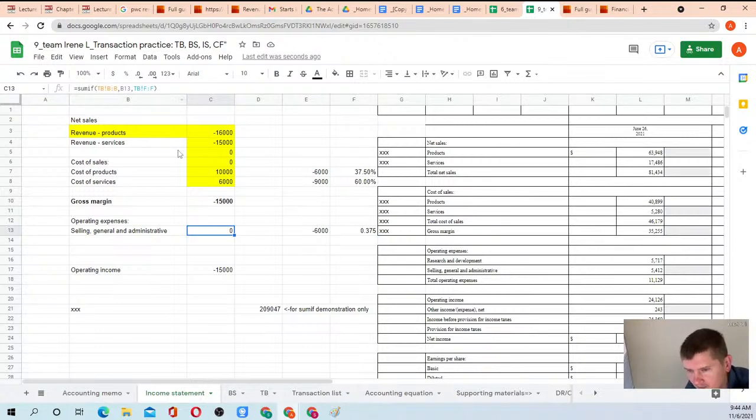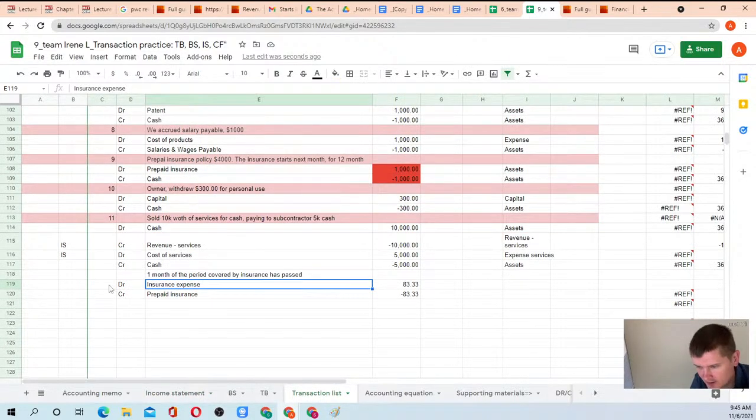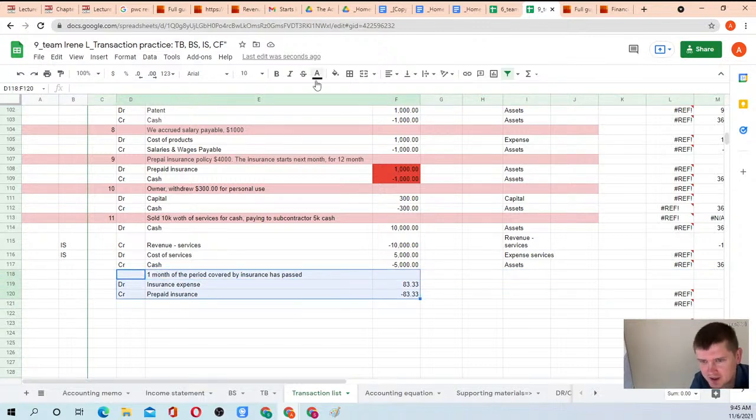Okay, I see what the reason was. The formula wasn't right, because the formula here references the BB column, while we should have referenced the AA column. So I will keep it yellow as a sign that I changed something here, and I will also highlight that operation in yellow.